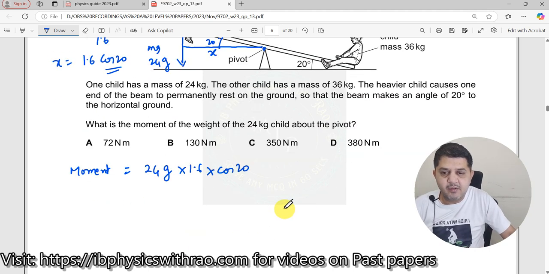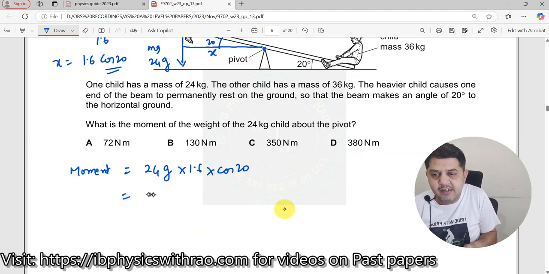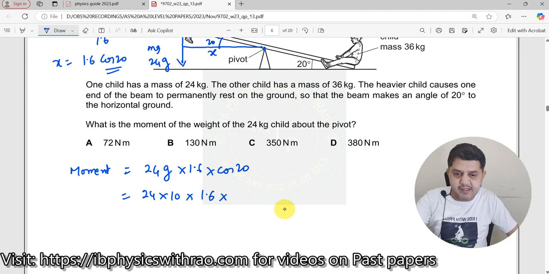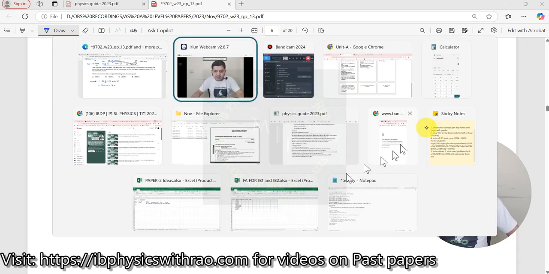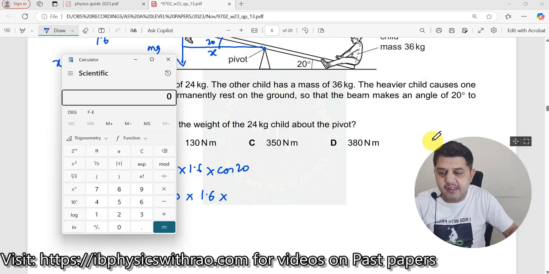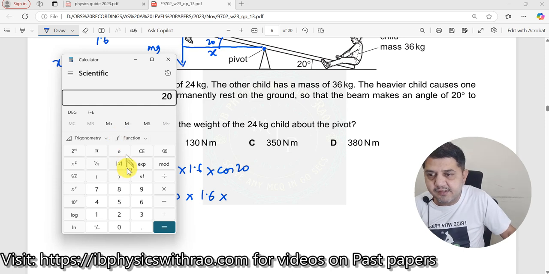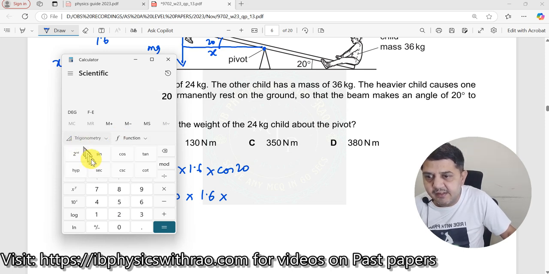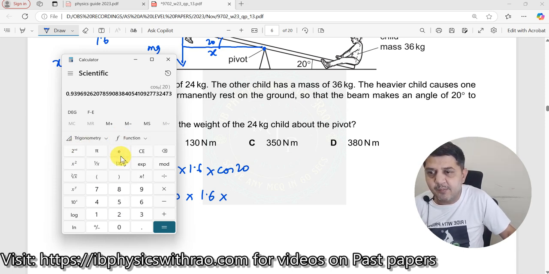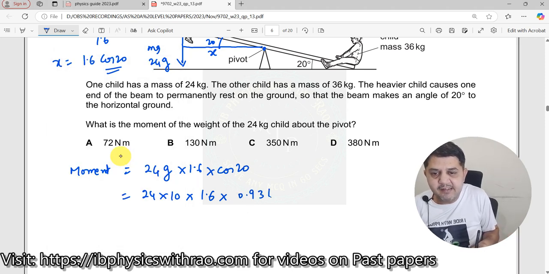Now we will substitute all the values. It should be 24 into 10 into 1.6 into the value of cos 20. Let us find that value also. Cos 20 is 0.9369.